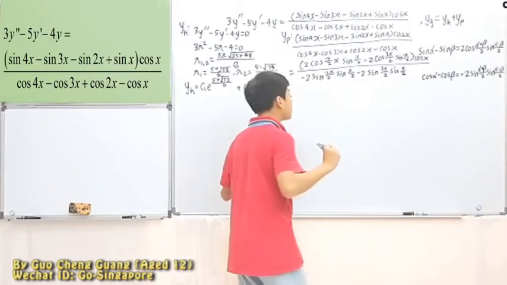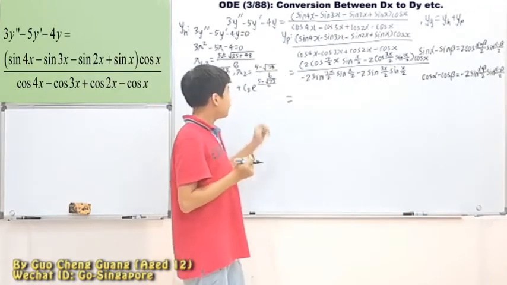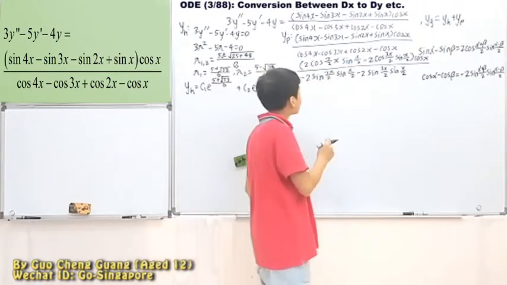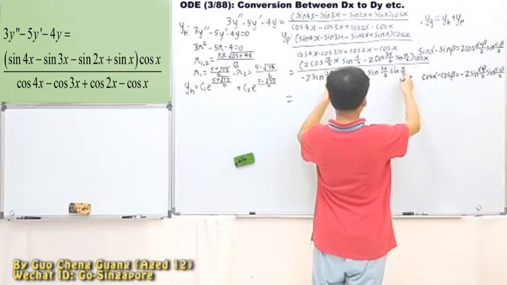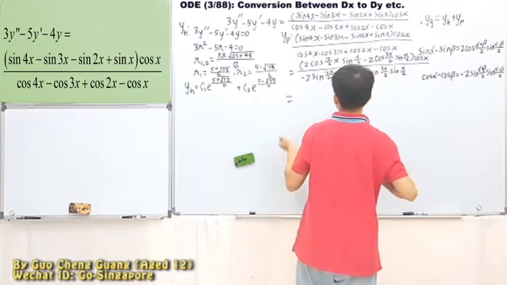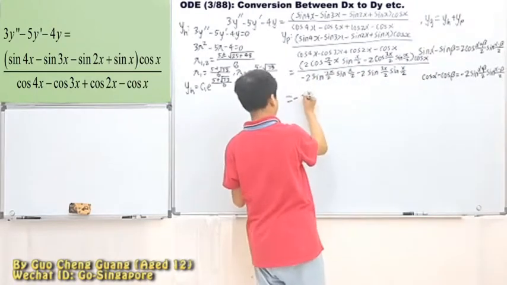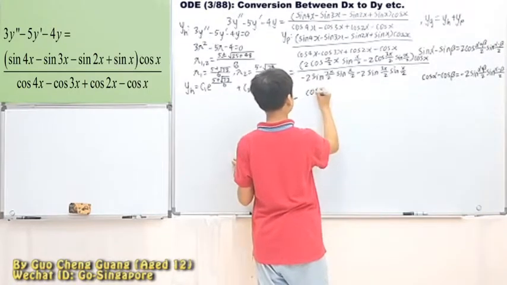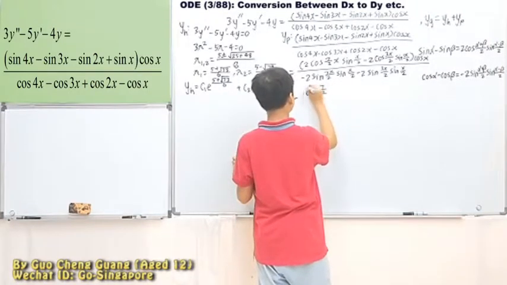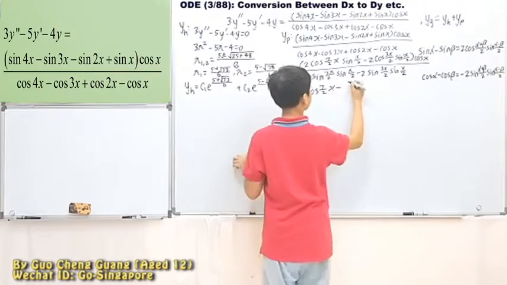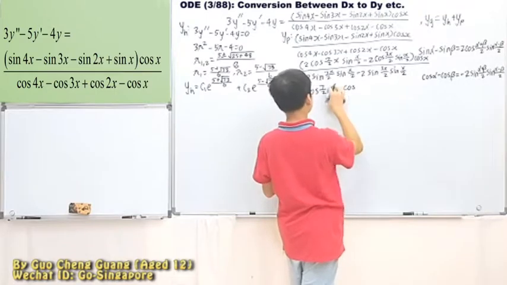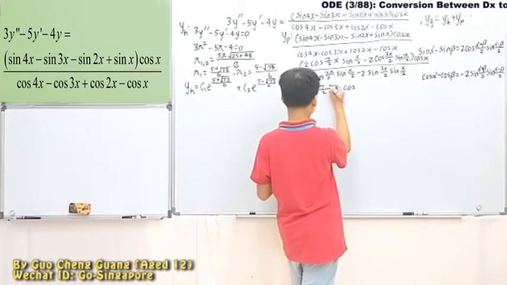Then we might want to simplify things a bit. For example, the 2 we can simplify. Then sine x over 2 also can be simplified. And this negative, we might want to take it out. You can write this x on the numerator.